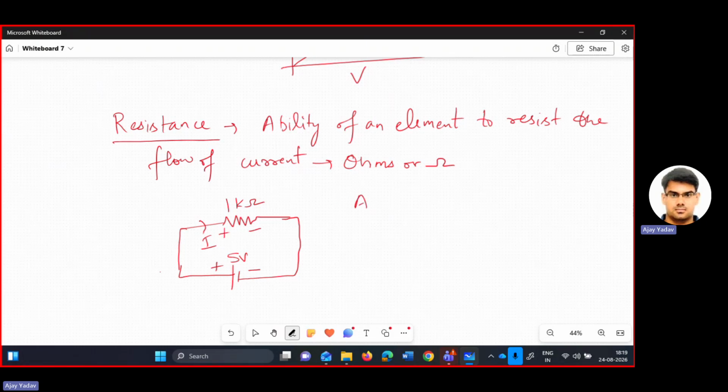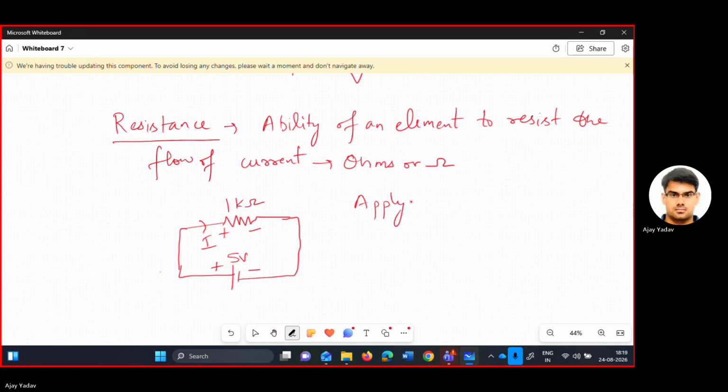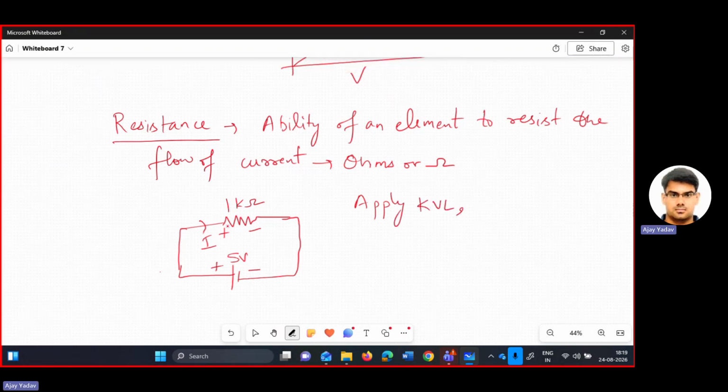And if I apply KVL in this circuit, then according to Kirchhoff voltage law, in a closed loop path, the sum of voltage drops is equal to 0. So if I go in this closed loop path in clockwise direction, then minus 5 volt plus I into 1k, that is 10 raised to power 3, is equal to 0.